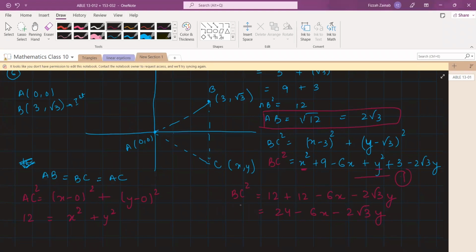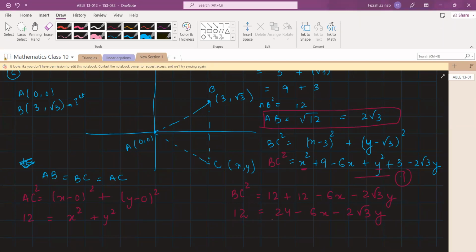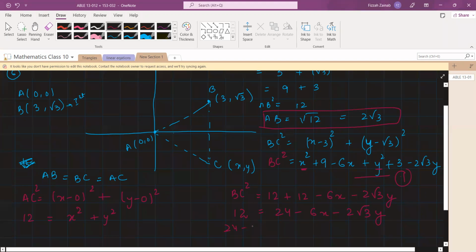Again, BC square is same as AB square, so I can write 12 here. So if I take everything on the right hand side, I get 24 minus 12 and then minus 6x minus 2 under root 3y is equal to 0.